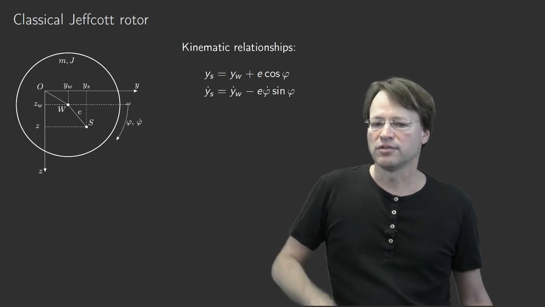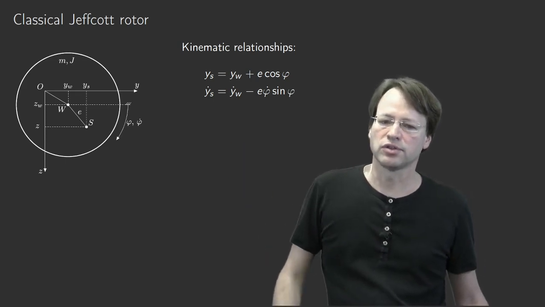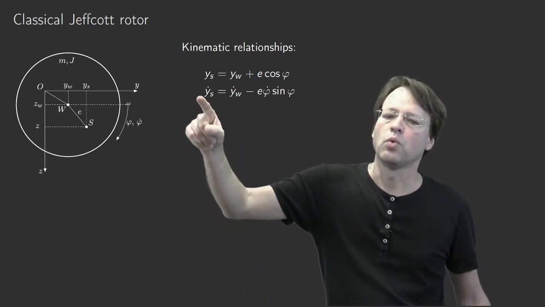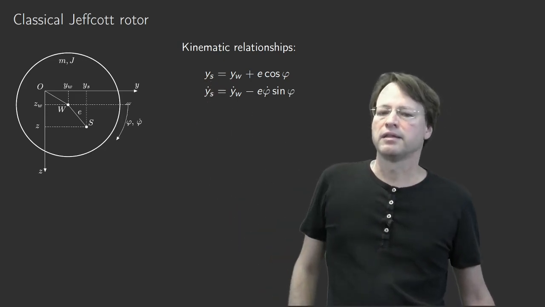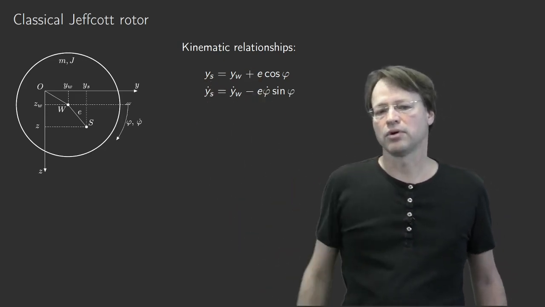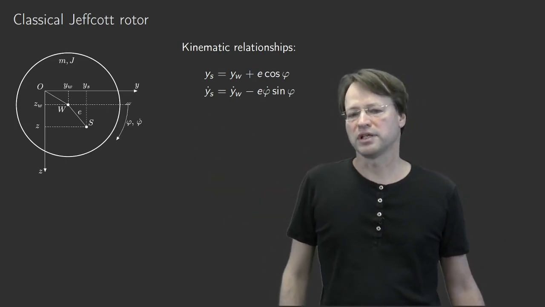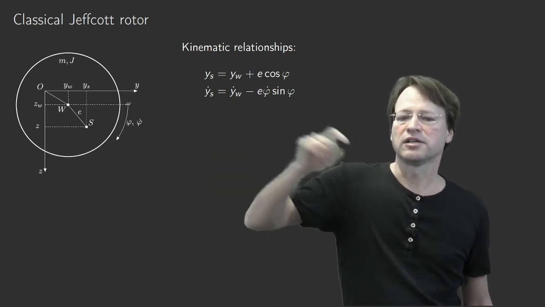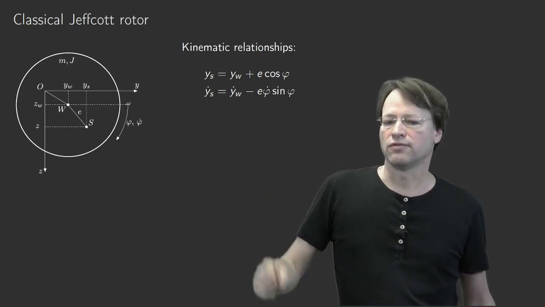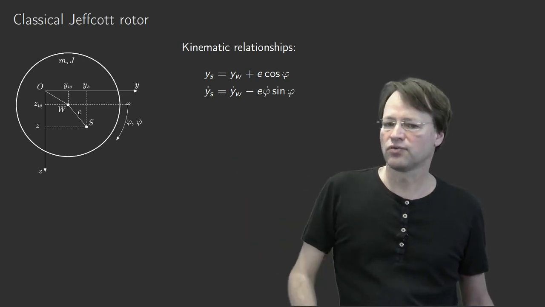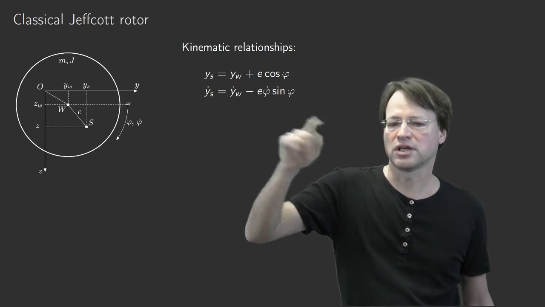Then you can take the first derivative, because if you want to keep, for example, the coordinates in point W, then you need the acceleration of point S. So you need the second derivative of ys. The first derivative is given here. Don't forget that the angle phi depends on time t.